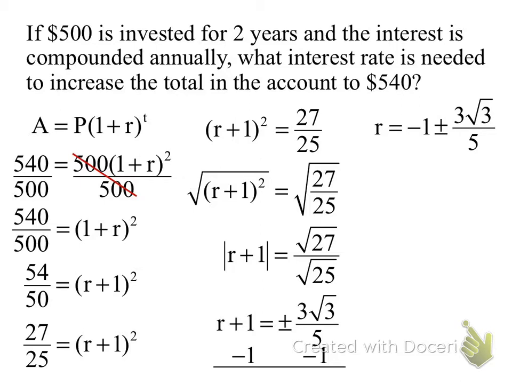You can just do 3 times the square root of 3. And I got 5.196. Bunch of numbers. I don't even cut it off. Then divide it by 5.